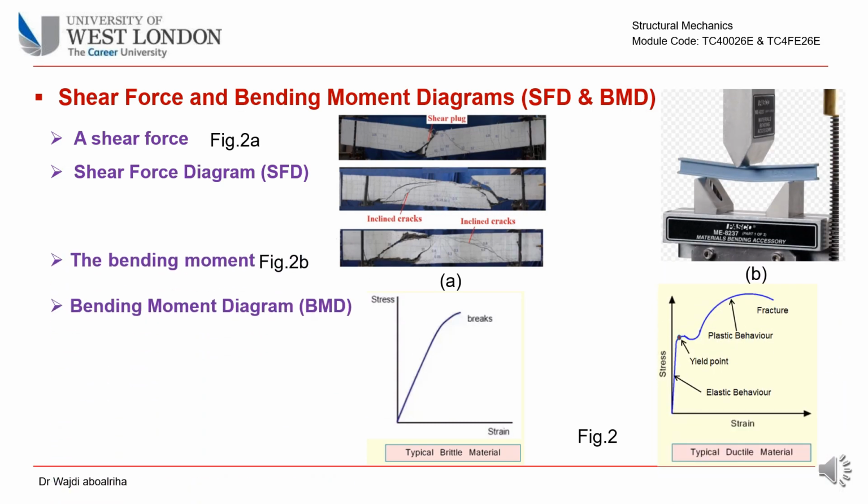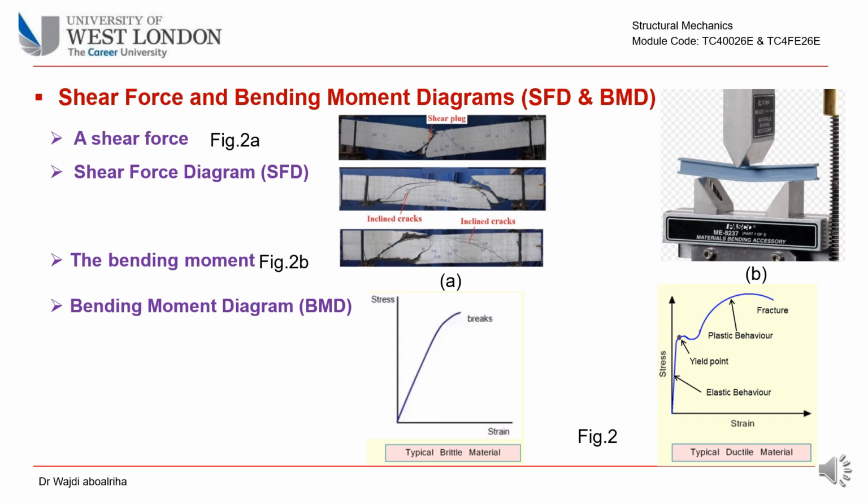The bending moment is the magnitude of the bending effect at any point in a beam, and it's clear in a ductile material such as steel, as shown in figure 2b. Bending moment diagram: the diagram shows the variation of bending moment along the length of the beam.